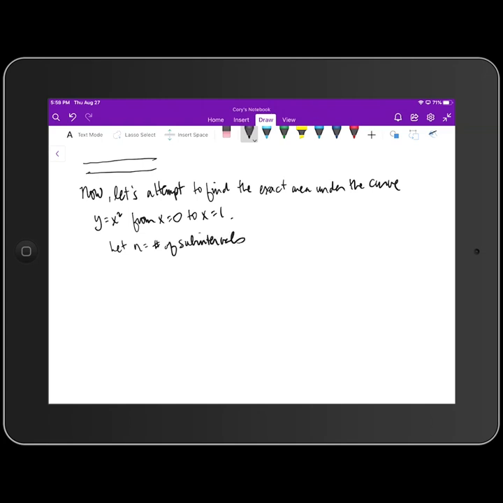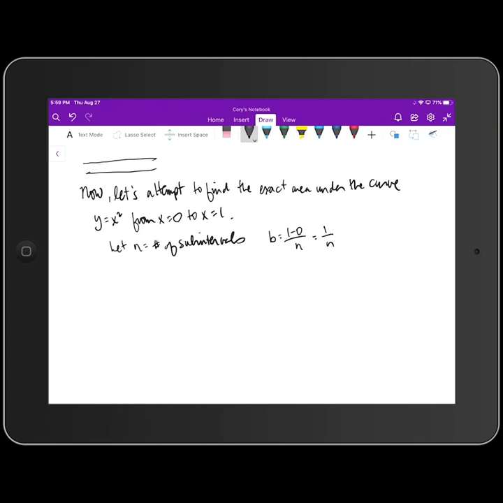And if I want the base length for the Riemann sum to be uniform, that base is going to be equal to the length of our interval, which in this case is 1 minus 0, divided by the number of rectangles that we're going to use in our approximation, which is n. Okay, so our uniform base length for all of the rectangles is going to be 1 over n.